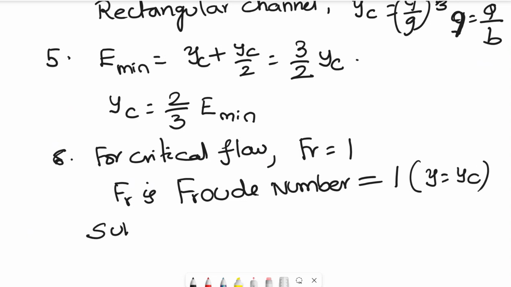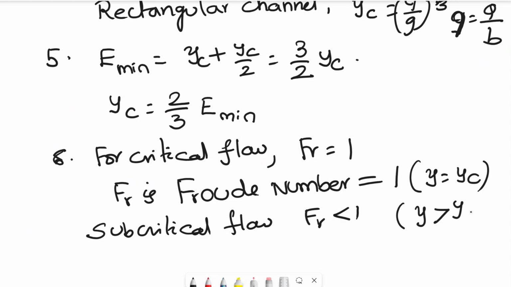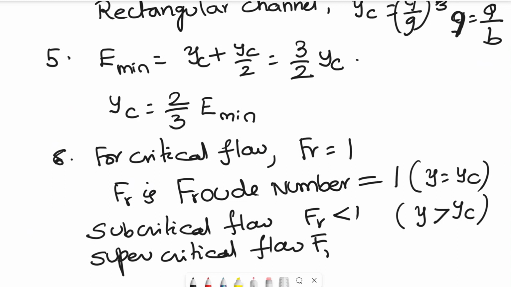Then for subcritical flow, Fr is less than 1. In such a case, y is greater than yc. Then for supercritical flow, Froude number is greater than 1, y less than yc. So these are the 6 points we should understand for critical flow.